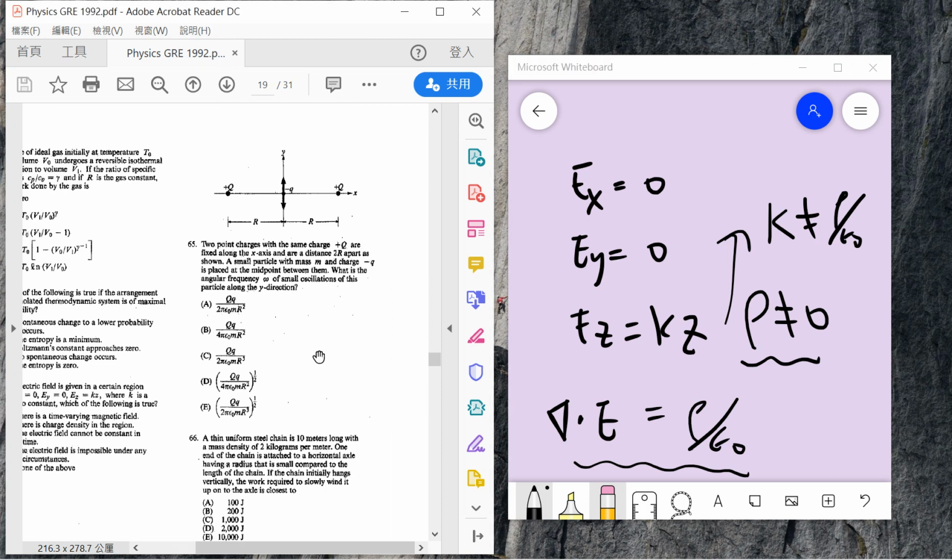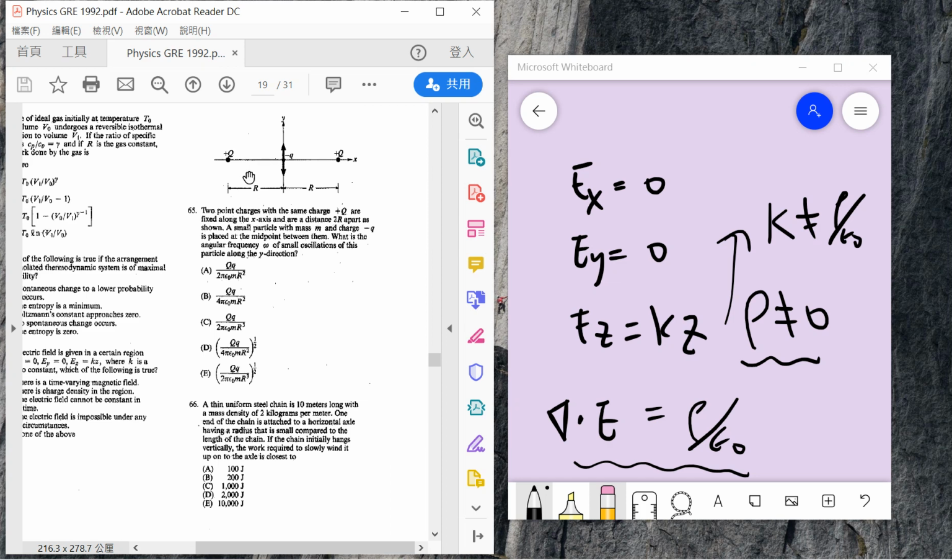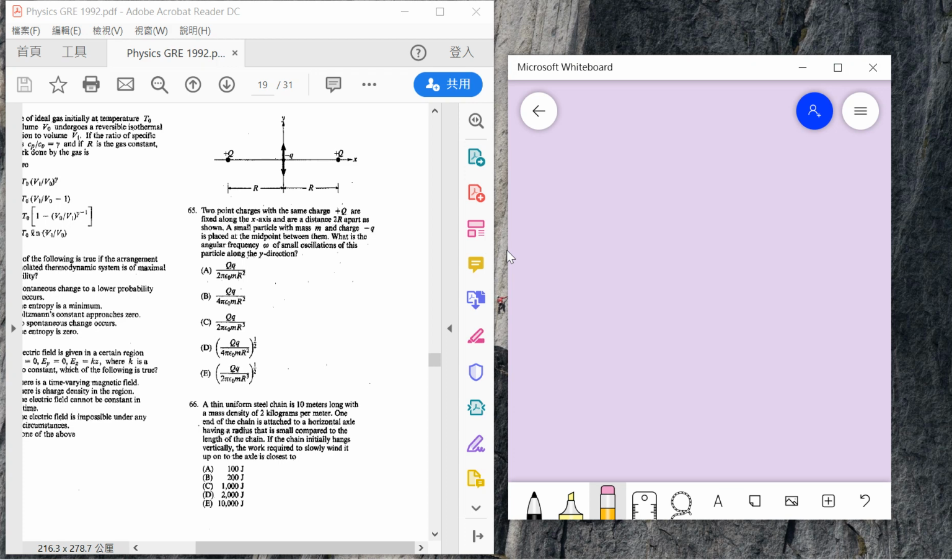Okay, so 65. Two points charged with large Q, and there's a small minus q here, and it asks you about the angular frequency. So basically, I will first find the force, and once I find the force, I write the force as a constant times a small perturbation.